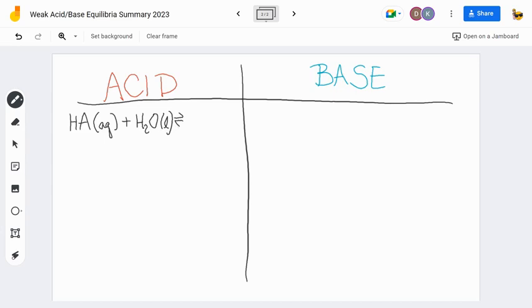Acids are proton donors. Acids are H+ donors, so we're going to end up with A- and H3O+.